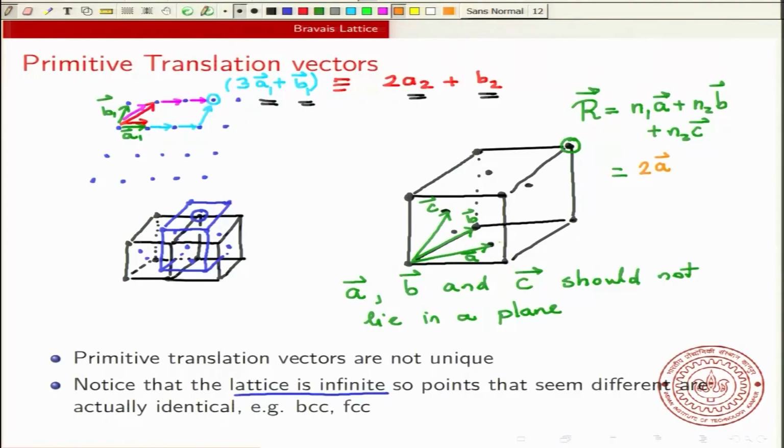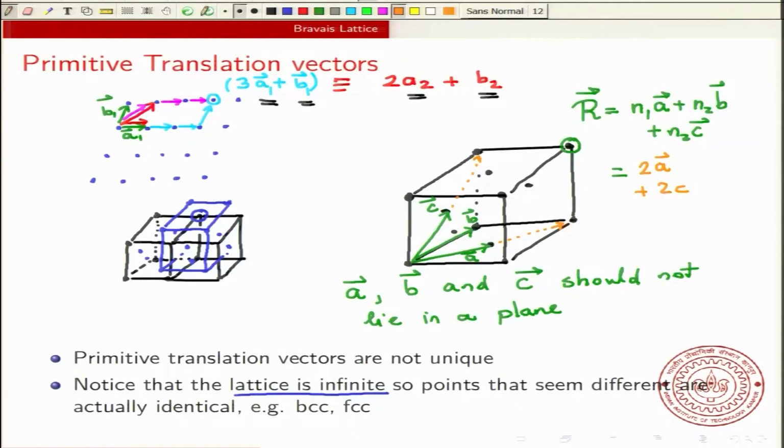If I take 2A, then I'll get somewhere here. And if I take 2C, 2C gives me this.